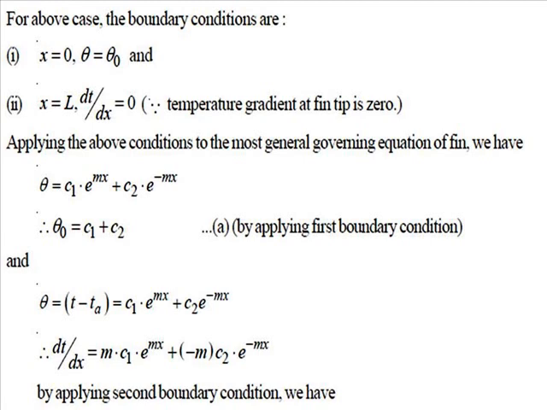So we will get the value of dT by dx, and to put the boundary condition for the second case we have to put dT by dx equals 0. So we will find out what answer we get, what the dT by dx value is, and what happens when we put dT by dx equals 0 in this case.